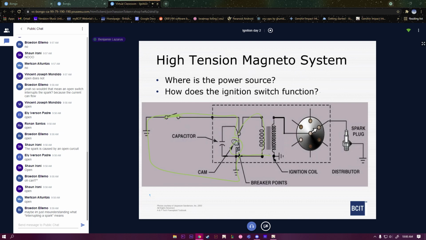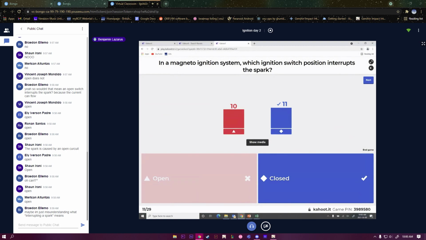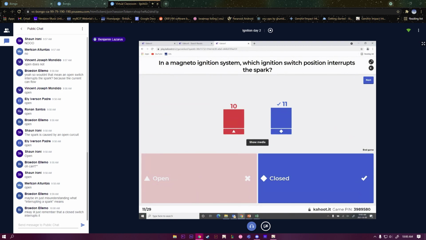Let's go back to there and come to here. There we go. Okay, interrupting meant preventing. Just be careful if you're memorizing just the sound of the words, because interrupting the spark means preventing the spark.